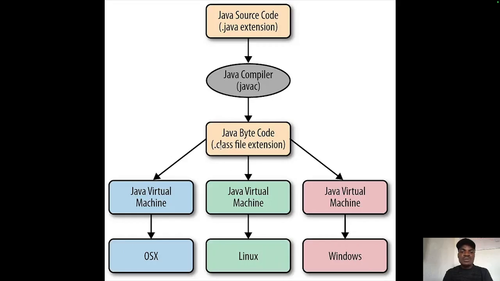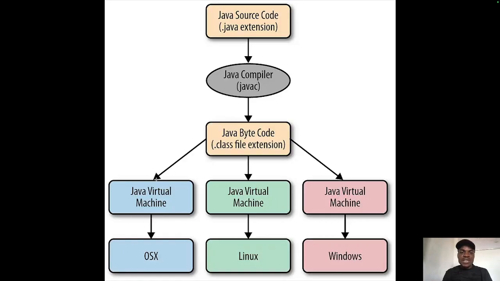This class file is what is now run on the Java runtime environment, which is what you have on your system, like your Mac or your Windows, maybe your Linux or whatever device you use.